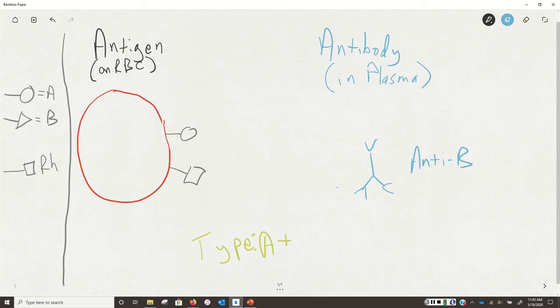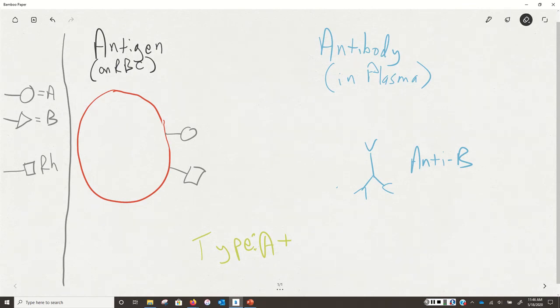Someone with blood type A positive has the A antigen and the Rh antigen. They are positive for having the Rh antigen. And they should never have B antigen, so what they do have is the anti-B antibody. And that's from the time they're born, they have those antigens, they have those antibodies already in place.